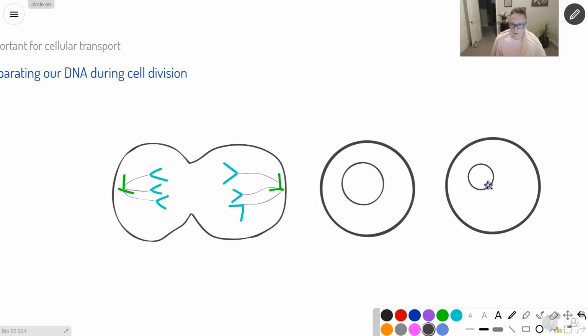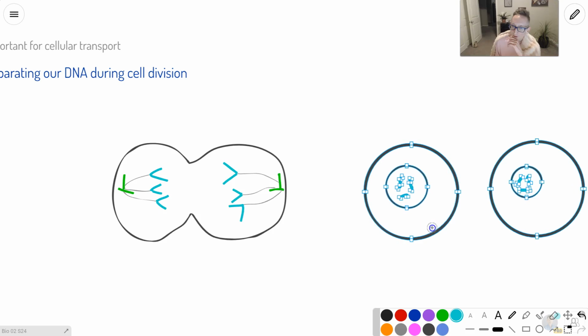They'll have copies of their DNA. And we'll get into all this stuff at the end. But microtubules are very important for this process.